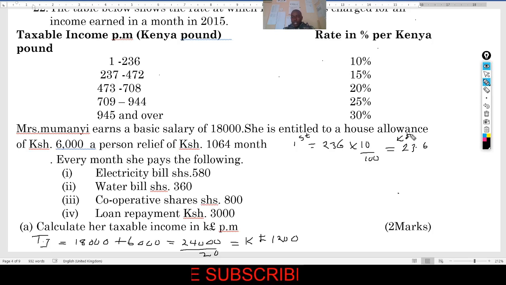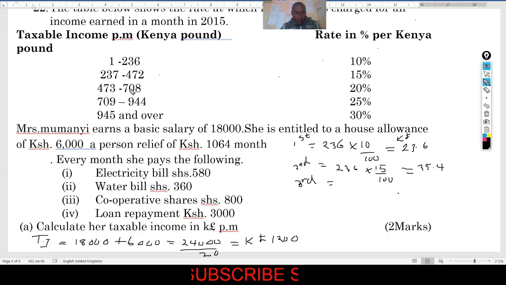Whatever you get is in Kenyan pounds, because this is just a percentage. The second, you subtract 472 minus 236, you still get 236 times 15 over 100. You get 35.4 Kenyan pounds.